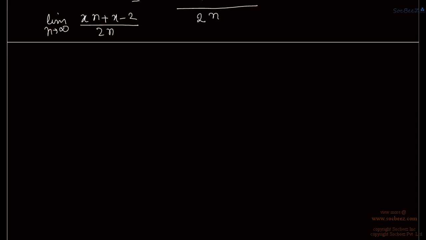So it can be equally written as limit 1 upon n tends to 0, right? And dividing by n, we have x plus x minus 2 upon n, all upon 2. So 1 upon n tends to 0, so we have this limit equal to x upon 2.